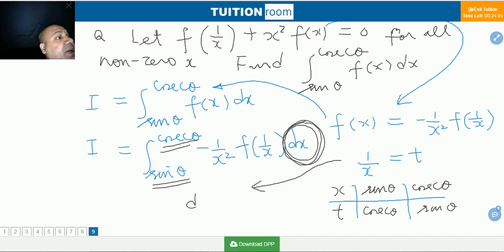Second thing, we can get x is equal to 1 upon t. This implies that dx will be equal to minus 1 upon t square dt.